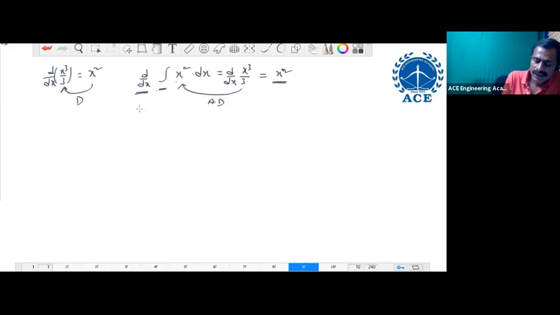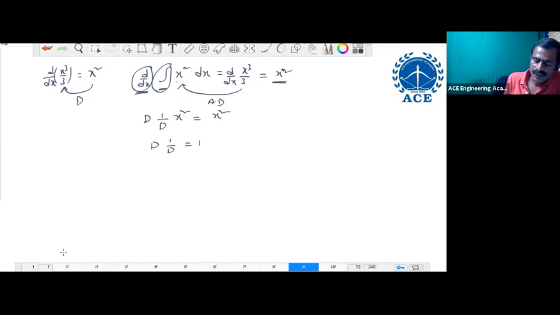We use a short form, a symbol d for d by dx. d by dx of the integral of x square dx equals x square, meaning these two get cancelled. That is, integral is the reverse process of differentiation. So if we use the symbol d for d by dx, for integral we use the symbol 1 by d. d into 1 by d of x square equals x square. If we compare both sides, d into 1 by d equals 1.